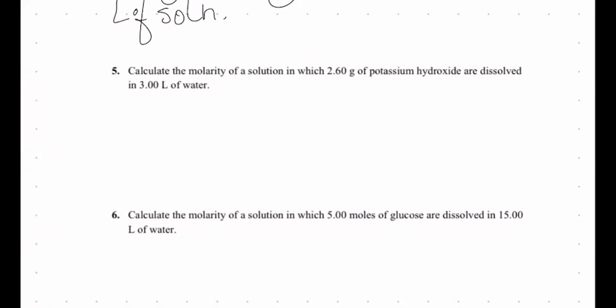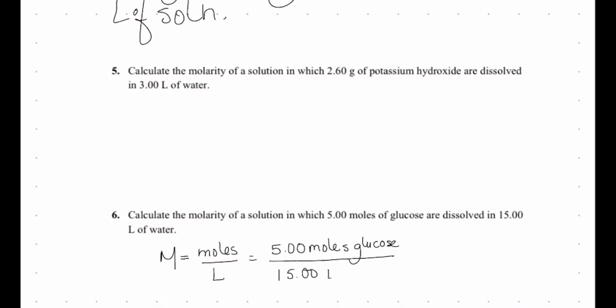In problem number 6, as you can see here, we're calculating molarity, and it's just stating that you have 5.00 moles of glucose, and you're going to dissolve that in 15.00 liters of water, okay? So the equation is going to be molarity equal moles per liter. So on the top, we do 5.00 moles of glucose, and we're going to divide that by 15.00 liters. Okay?